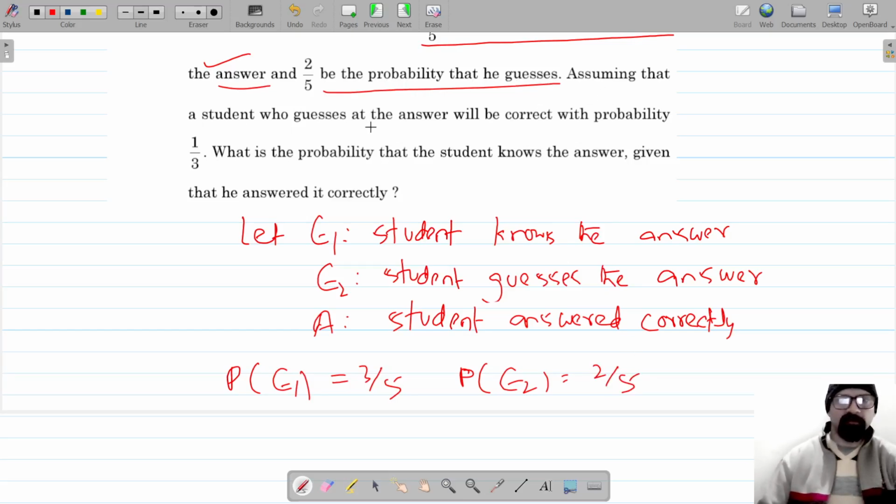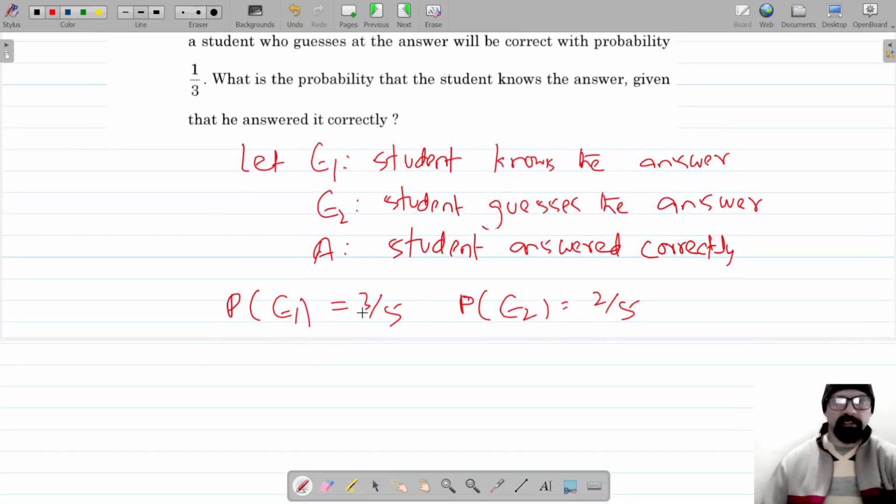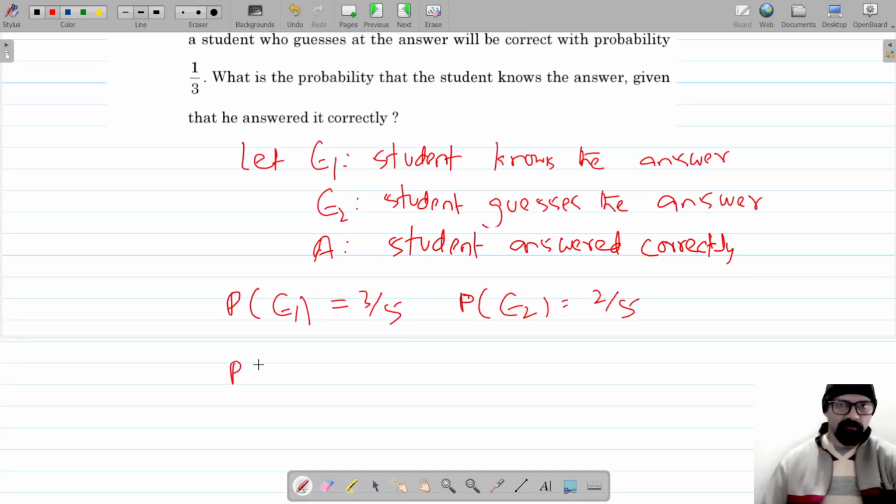Assuming that a student who guesses, the answer will be correct with probability 1/3. अब student guess करता है और answer भी correct है. तो student ने guess किया और answer भी correct.